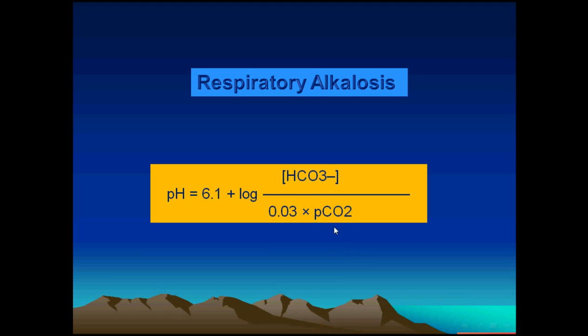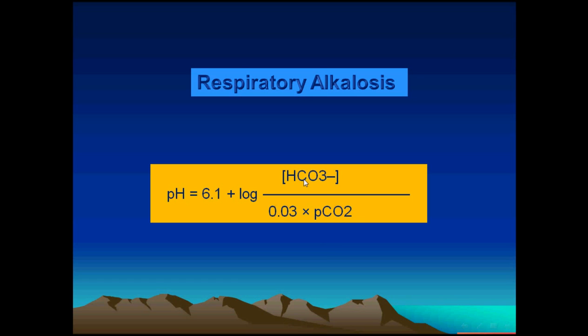If it is chronic respiratory alkalosis, loss of 1 millimeter mercury of carbon dioxide will be associated with loss of 0.5 milliequivalent of bicarbonate. So this is a ratio. On the other hand, if a patient has metabolic acidosis with a decrease in the bicarbonate, it will be associated with washout of carbon dioxide, which is respiratory alkalosis and compensatory.